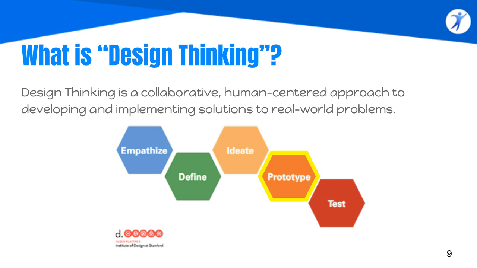A great solution that doesn't solve the original problem really isn't a great solution. And that gives us this last opportunity to really test. That once we've got that prototype together that we think addresses the needs, test it, put it into place, put it in the hands of the people who are going to be using it, and get their feedback on what they think and how it works and how well it does what it was intended to do.